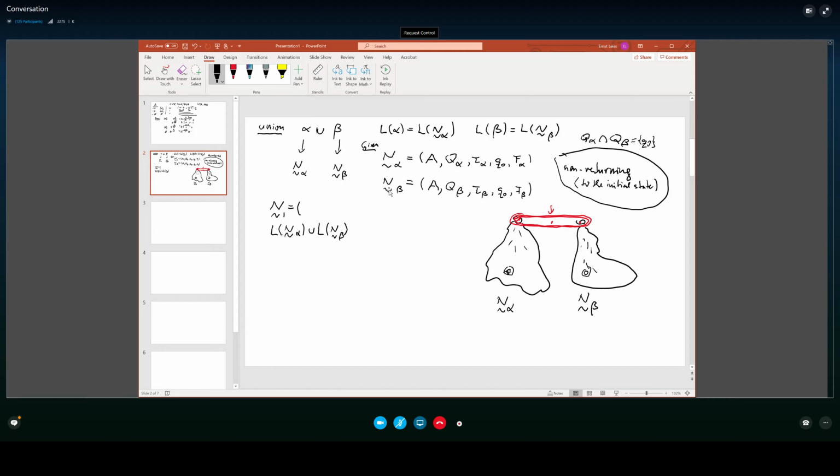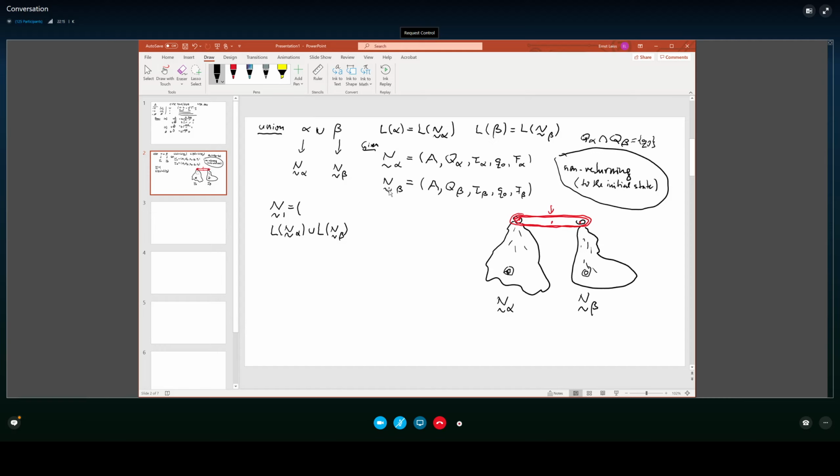So you're saying that Q sub alpha does not intersect with Q sub beta, except for having that initial state in common. So just the initial state, and after that, nothing else. Correct.